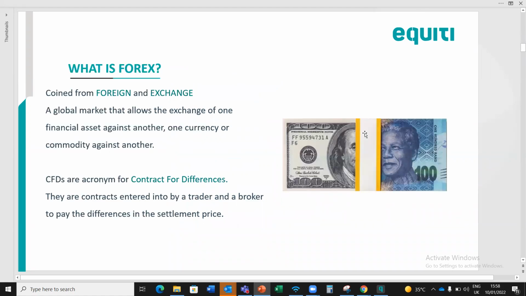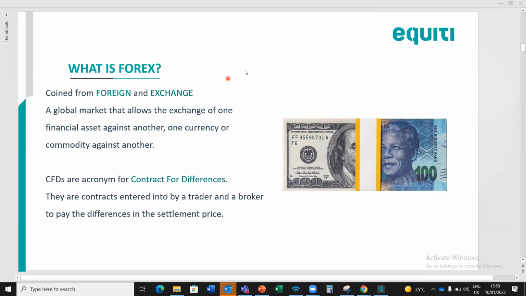What is Forex? The word Forex is actually coined from two words, foreign and exchange. It's a global market that allows the exchange of one financial asset against another, one currency or commodity against another.